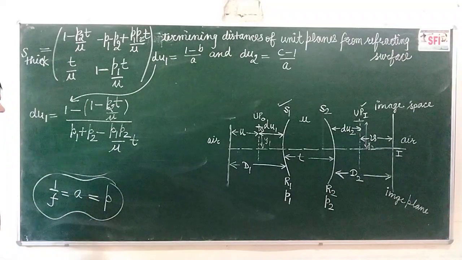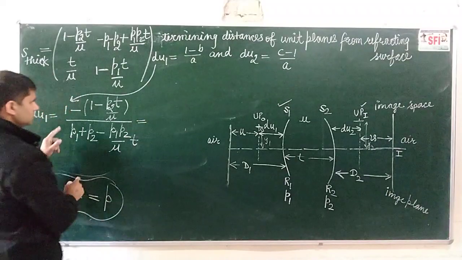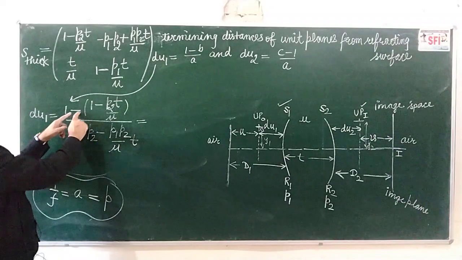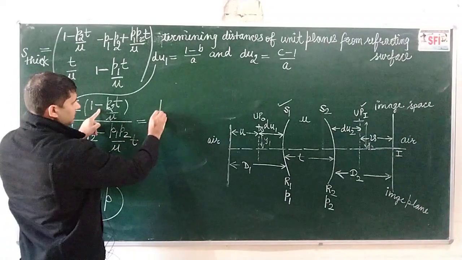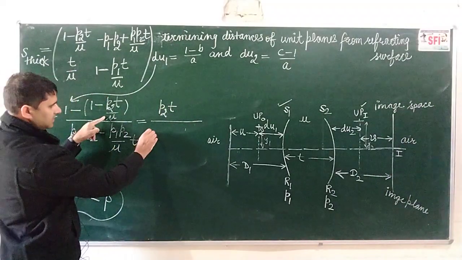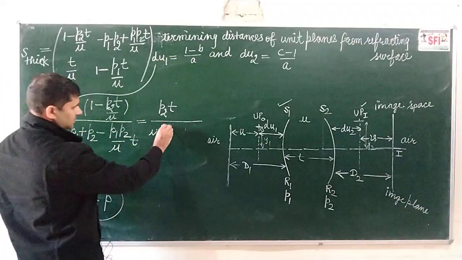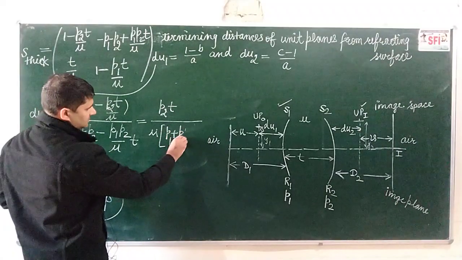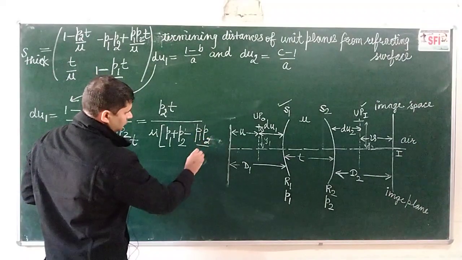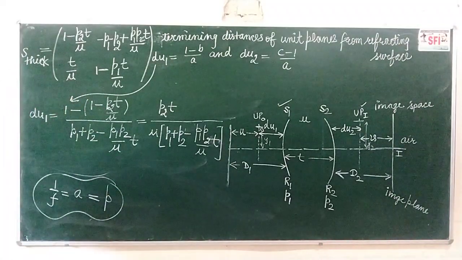Now if you solve it, you get 1 minus 1, open the bracket, so minus 1 plus 1 cancel, and minus minus becomes plus. So you get P2 into T divided by mu, and the denominator stays the same: P1 plus P2 minus P1 P2 by mu into the thickness of the lens. So this is the value of du1.